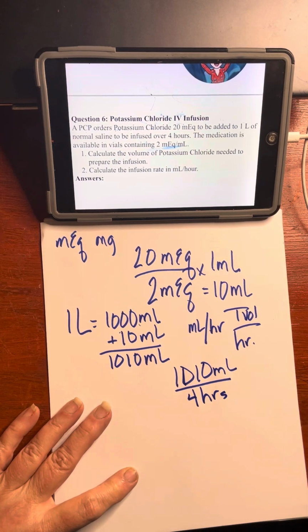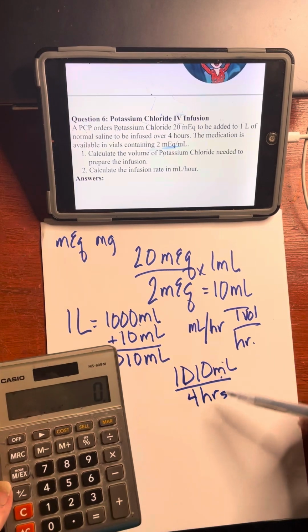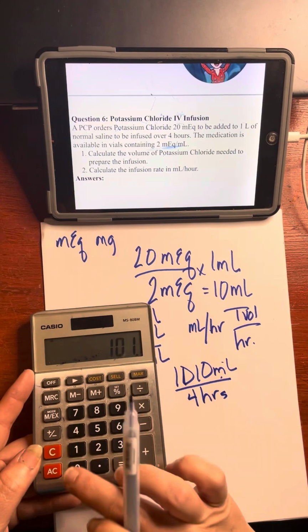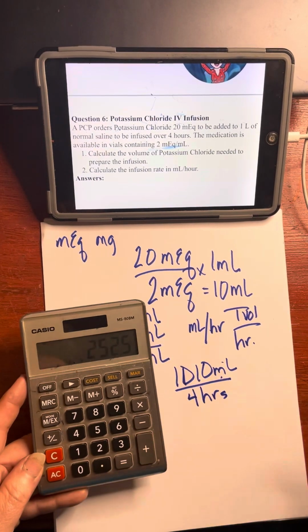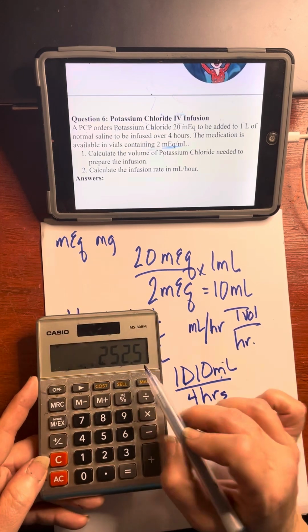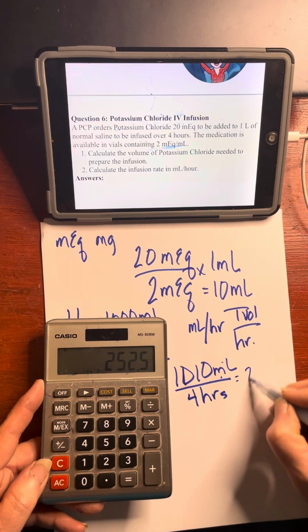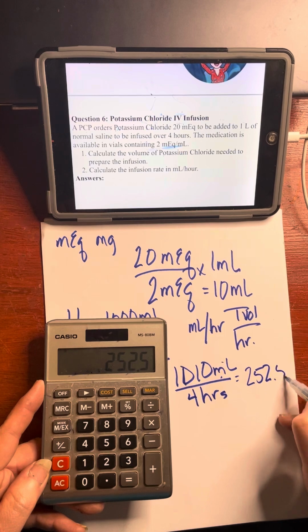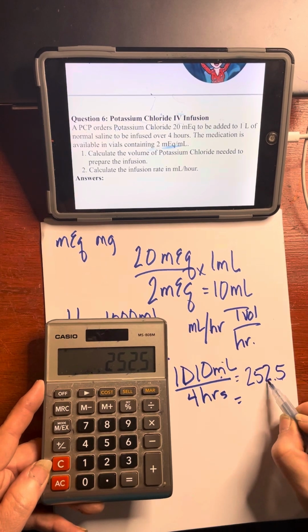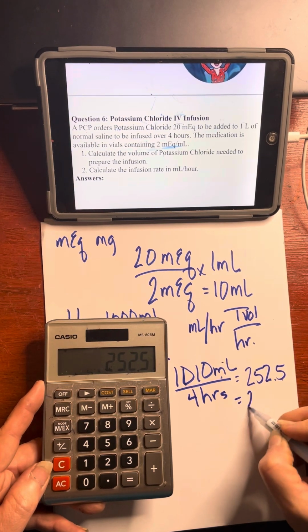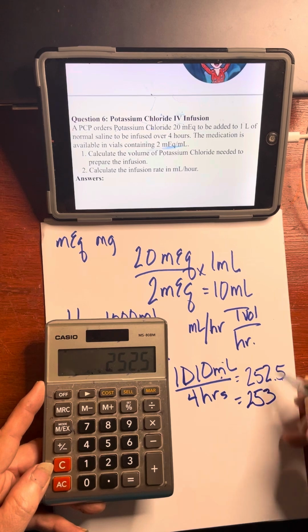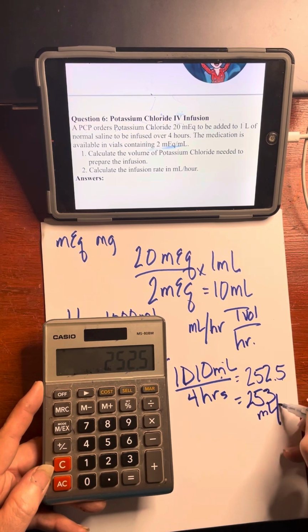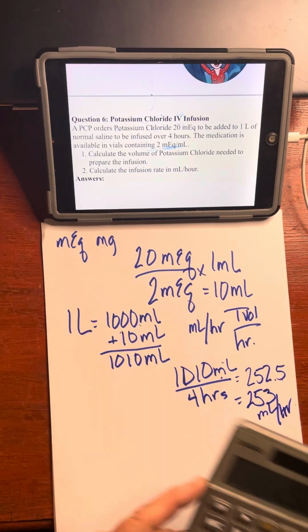And then we're doing the math. This divided by that. So 1,010 divided by 4 equals 252.5. That 5 will round up to a 3. So 253 milliliters per hour is what we'd set the pump at.